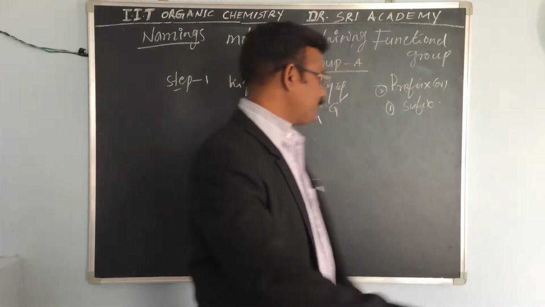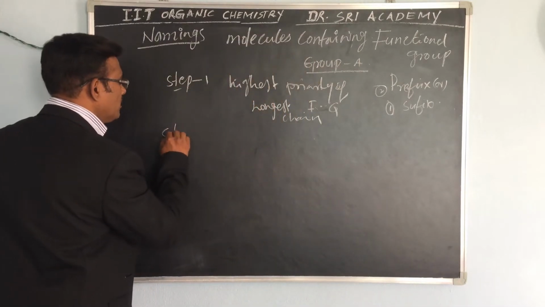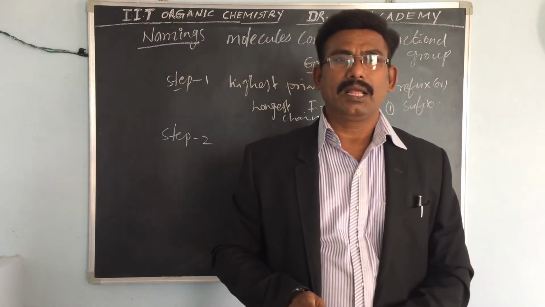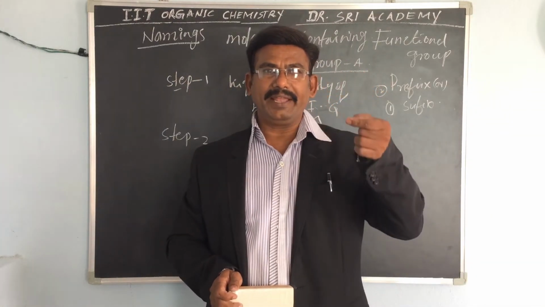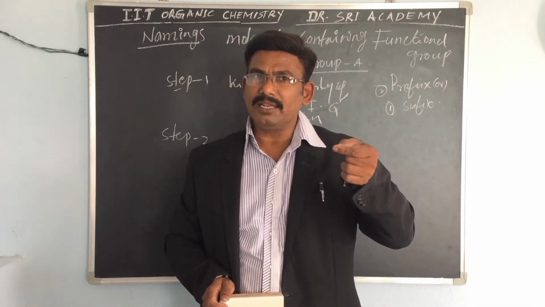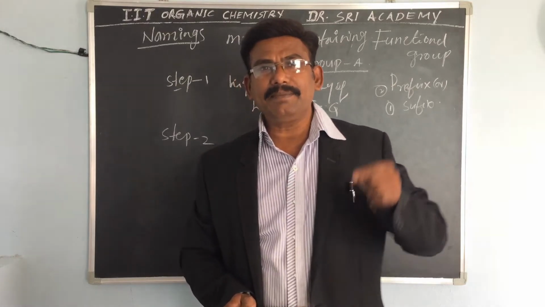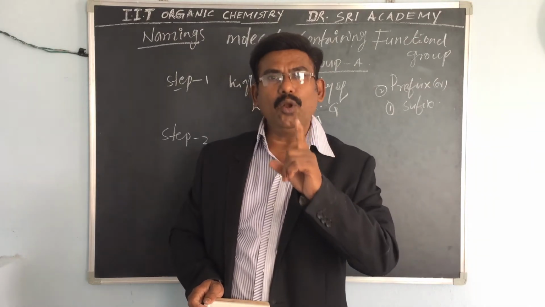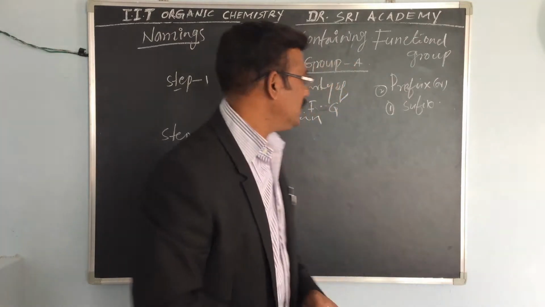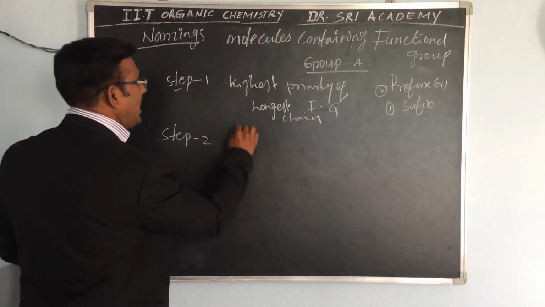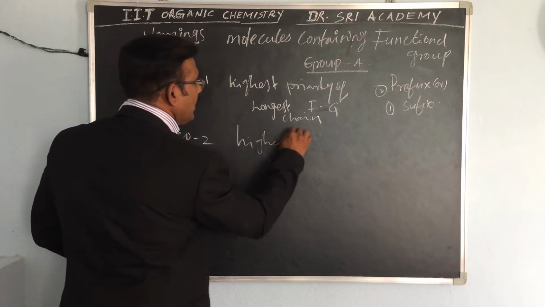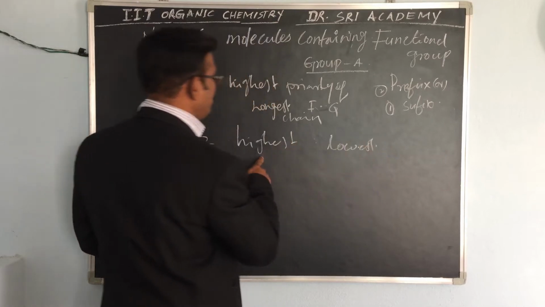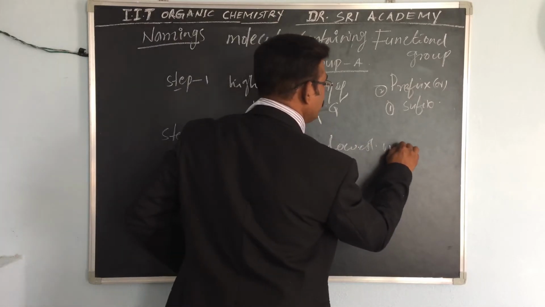Step 2. What is step 2? Number the chain so that the highest priority functional group is assigned the lowest number. Highest priority, lowest number.